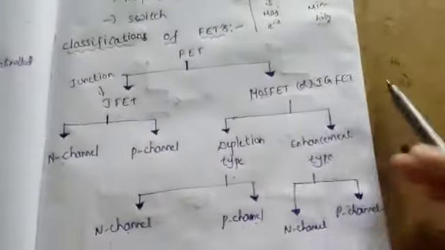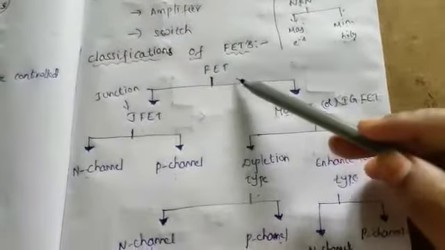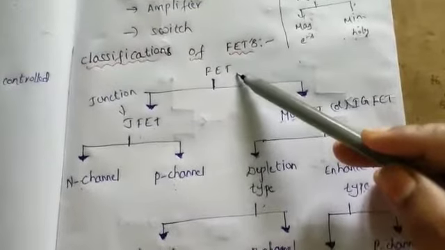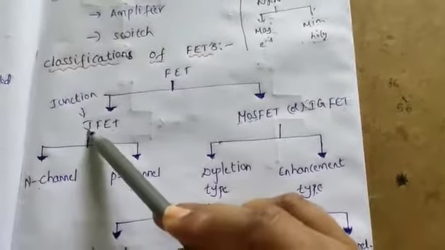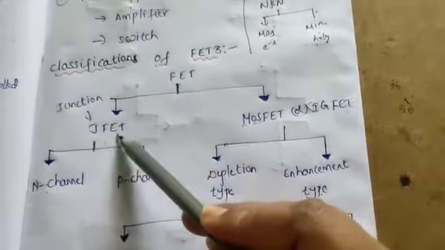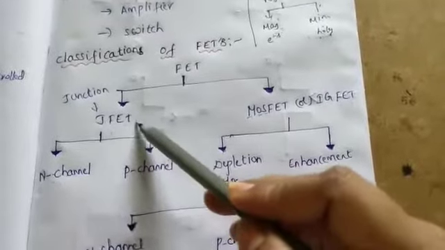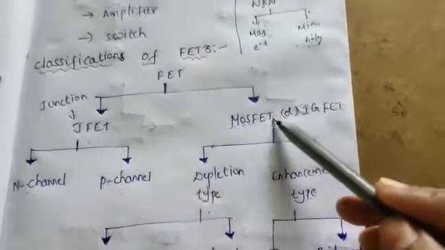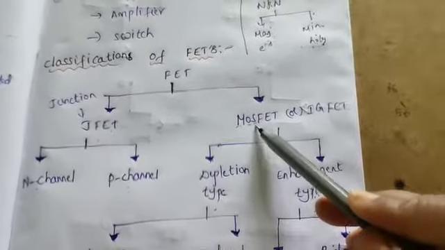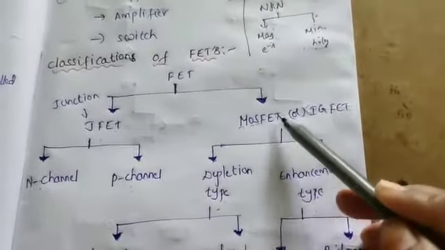Next is the classification of FETs. FETs are mainly classified into two types, JFET and MOSFET. JFET stands for junction field effect transistor, and the second classification is MOSFET, metal oxide semiconductor field effect transistor.